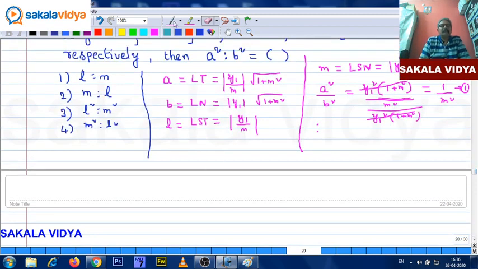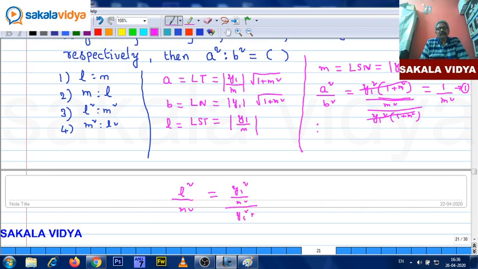Let us find L square by M square. L square means y1 square by m square, by M square means y1 square m square. This we can write as y1 square by m square into 1 by y1 square m square, y1 square cancels. So, that is why the square version we will not get.